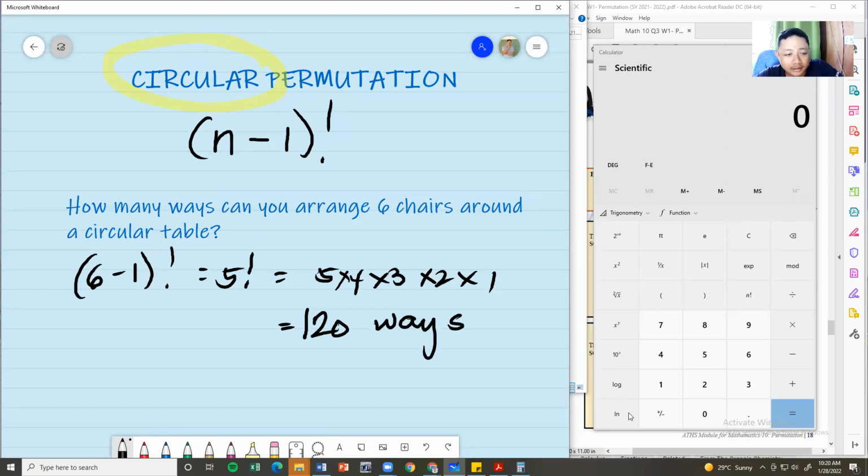Okay, so that's it. Another example. In how many ways? Let's add a little context to the problem.